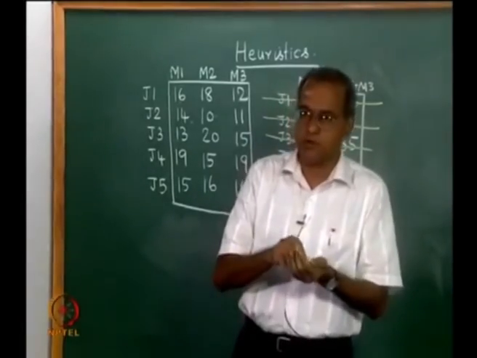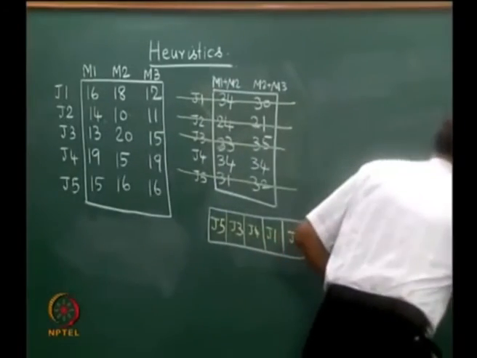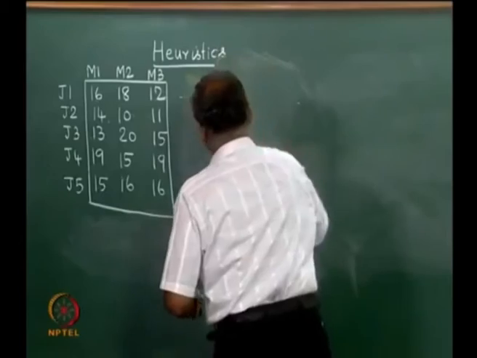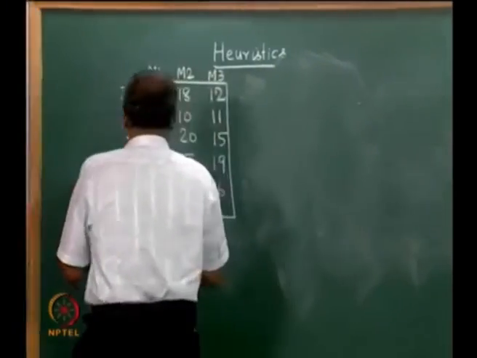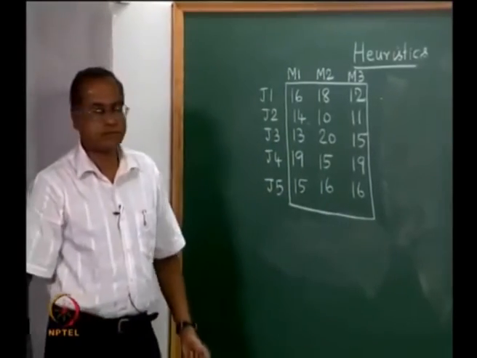Now, we look at one more heuristic very quickly. Let us find out the sum of processing times of each of the jobs.